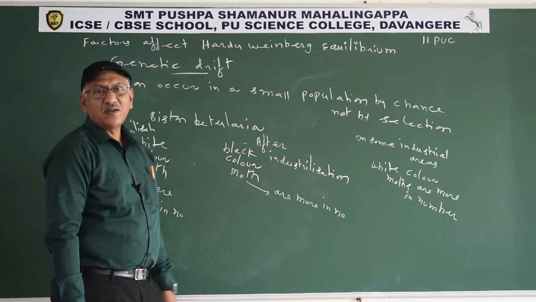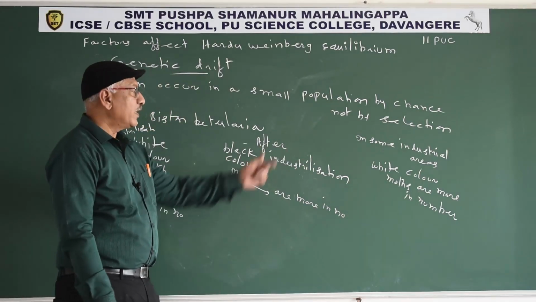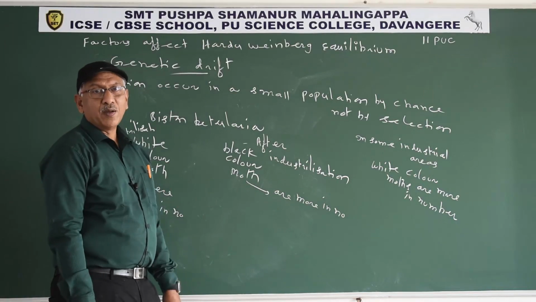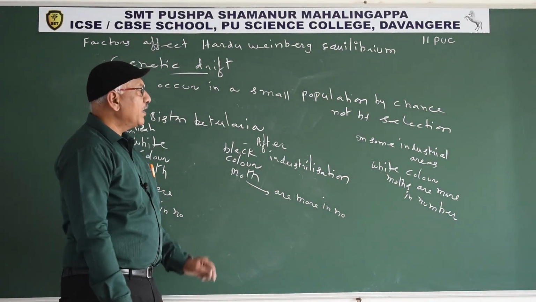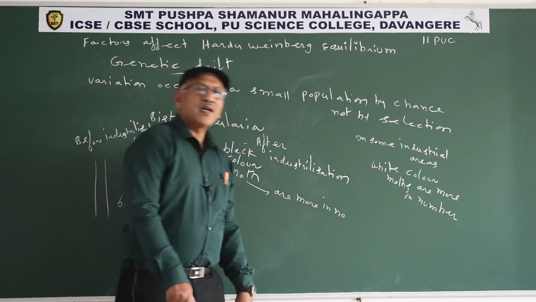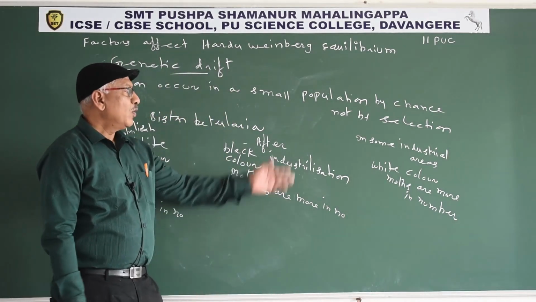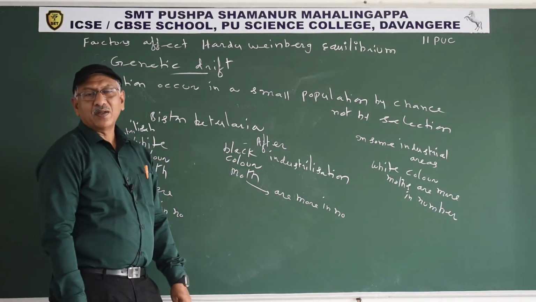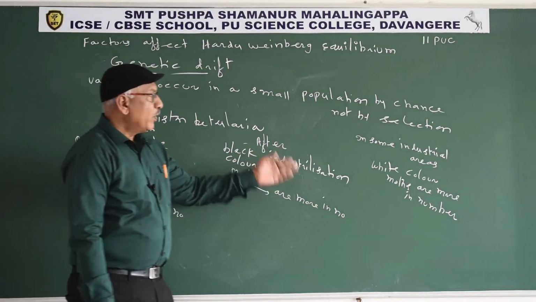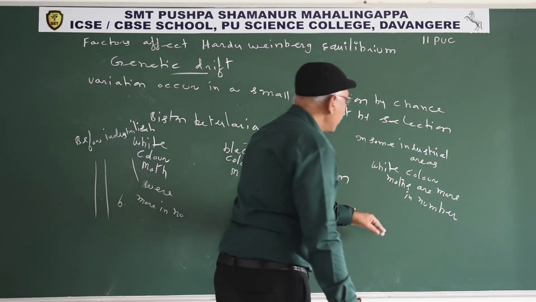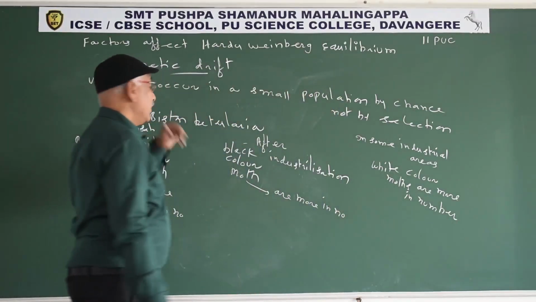Due to this reason, in some industrial areas, white color moths may be more in number. Or in some industrial areas, eggs of black color moths were destroyed. Due to this reason also, white color moths are more in number. White color moths being more in number in some industrial areas is an example of genetic drift.